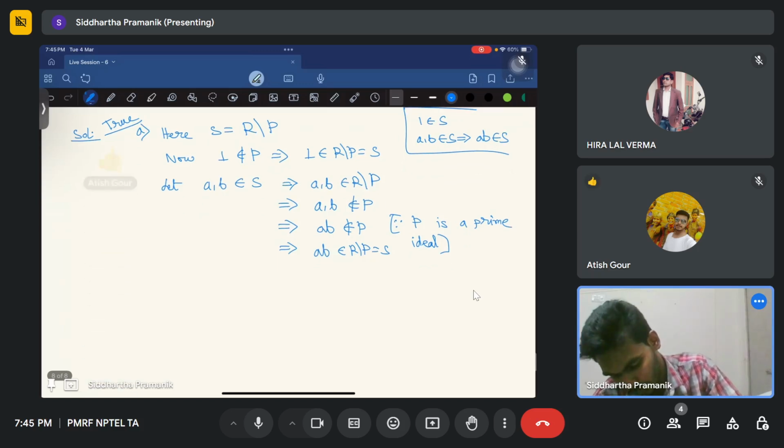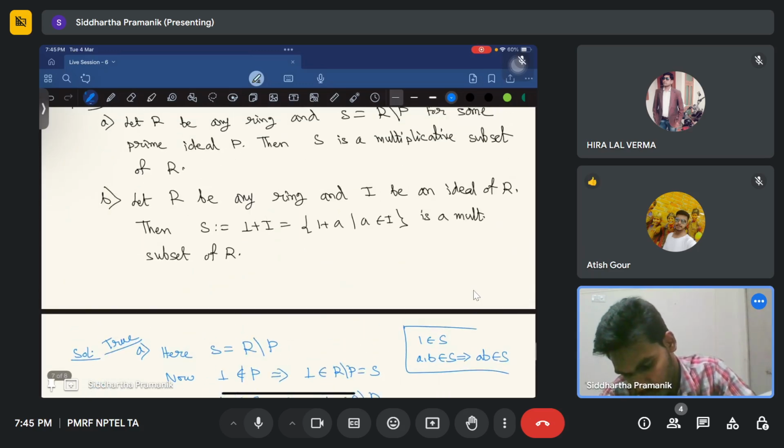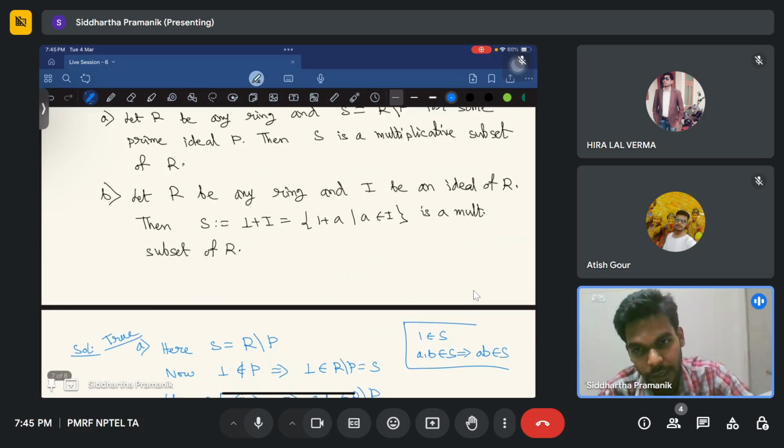Okay. So for part B, just try the part B in a similar manner. Try to check it.